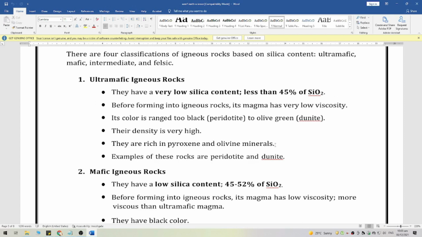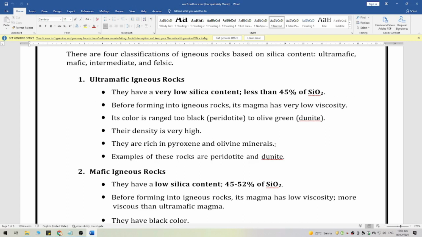Now sa ultramafic igneous rocks, they have a very low silica content, less than 45%. Before forming into igneous rocks, its magma has very low viscosity. Its color ranges from black to olive green. Their density is very high, and they are rich in pyroxene and olivine minerals.